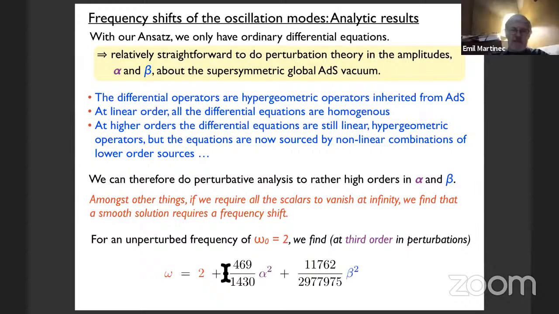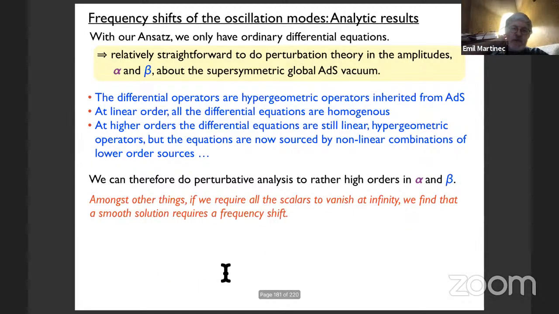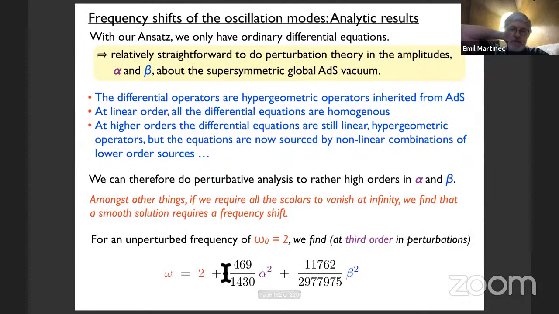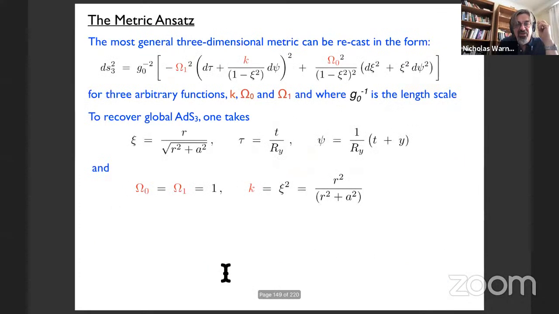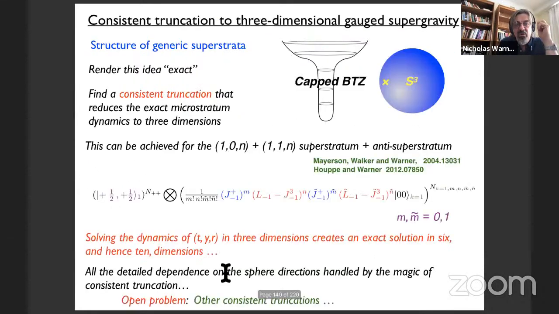Yeah, lots of questions, but let me just ask one or two. So what you're solving here are some differential equations in some kind of AdS reduction of the full 10-dimensional theory. Well, it's a 3-dimensional supergravity, right? Which has AdS.